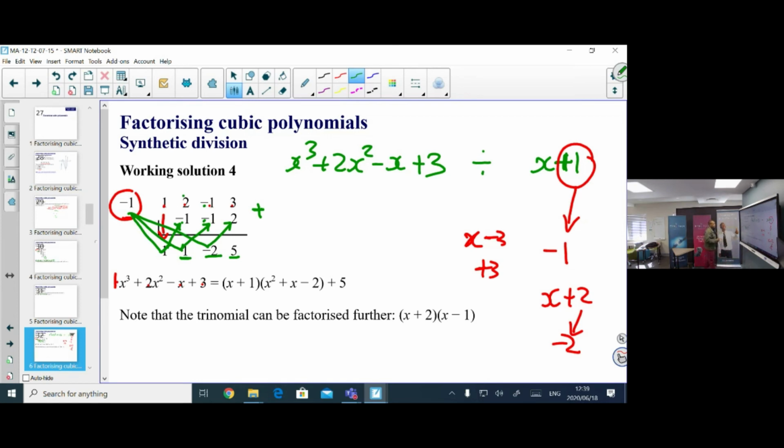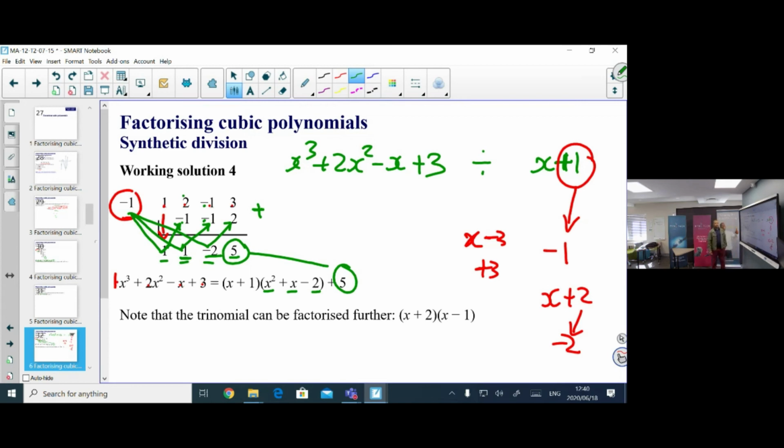So what this means is, in terms of your solution, the minus 2 will be the coefficient of this. And then this is your remainder. So if you get 0 there, it means there is no remainder. But if there's a number in that last column, that's your remainder.